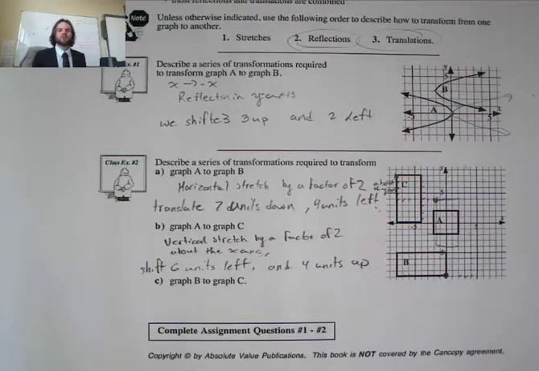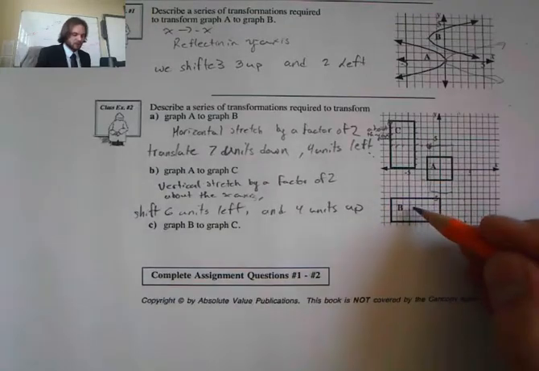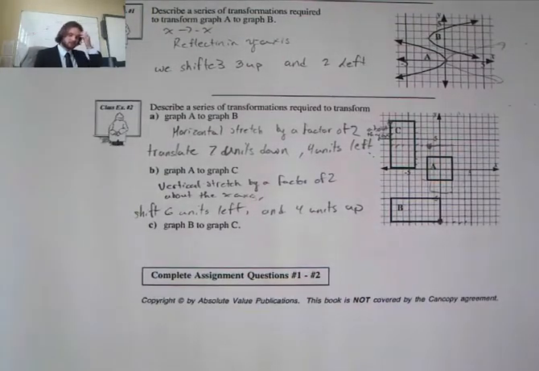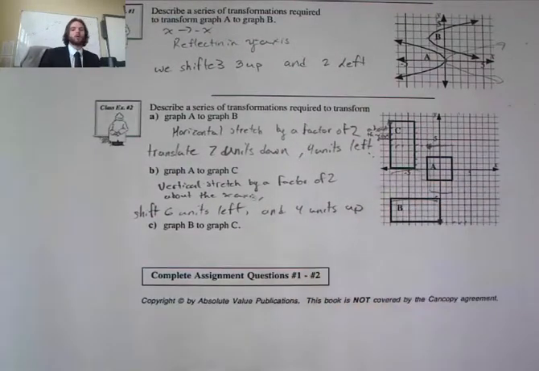Okay? Now the last one says we want to go from graph B to C. So we went from graph B to graph C. First of all, we know this is 8 and this is 4, right?